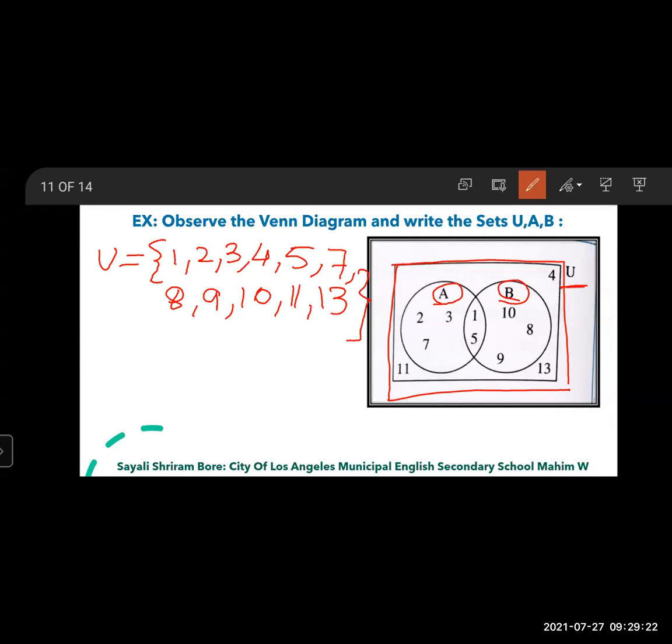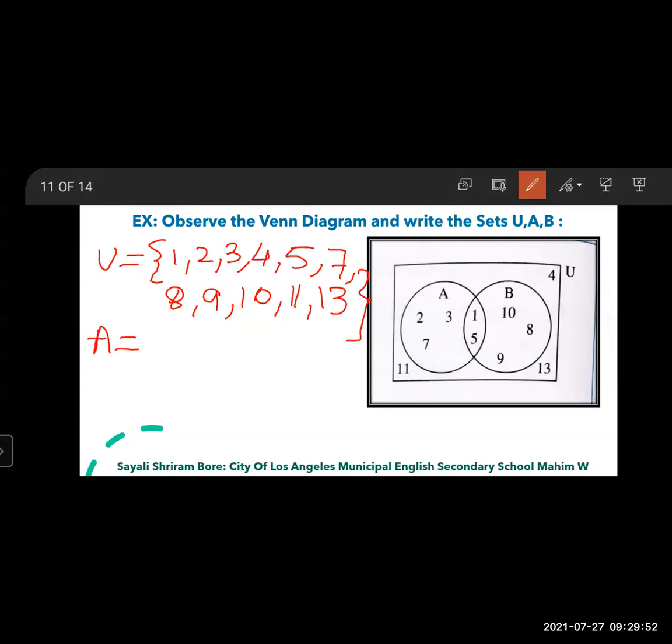That means whatever all the elements are there, first you write them down. Why? Because U is the universal set. It is the biggest set. Now after that, let us write the sets A and B. Set A. A is equal to.